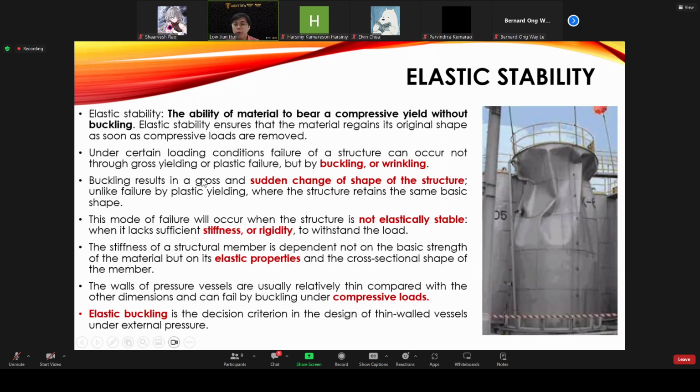One of the important properties is known as elasticity. The first factor that will determine or influence the elasticity is the material that we select and use to construct the pressure vessel here.